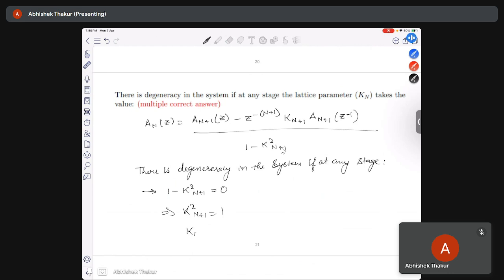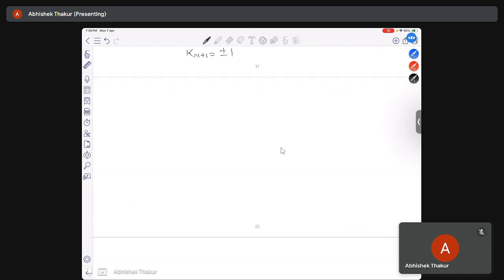So K of n plus 1 is equal to plus or minus 1. Okay.